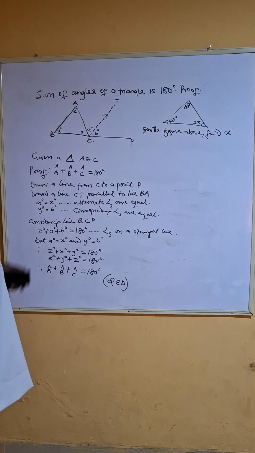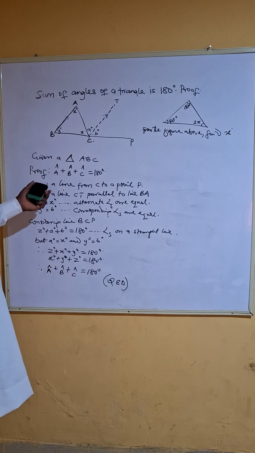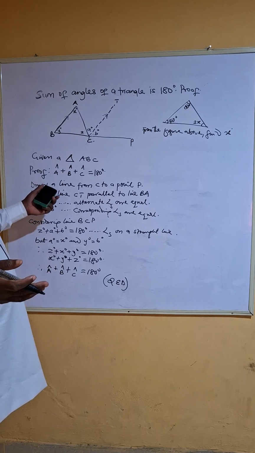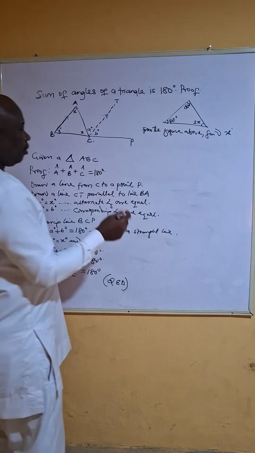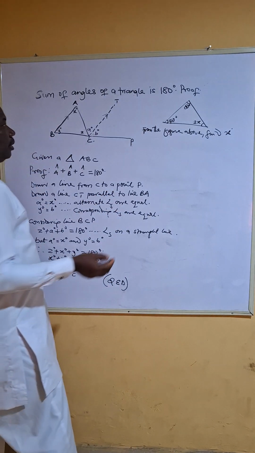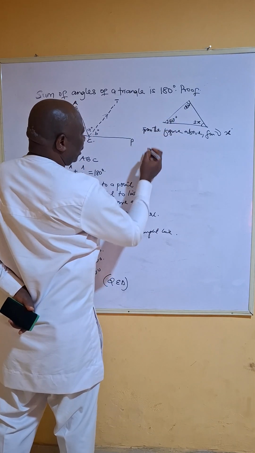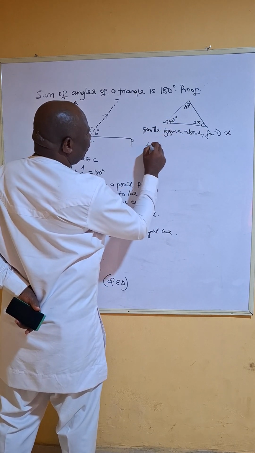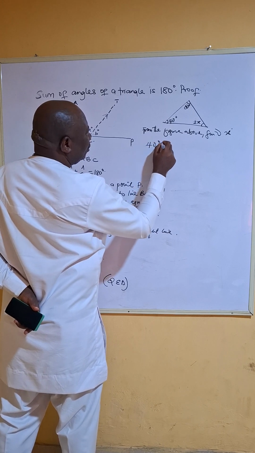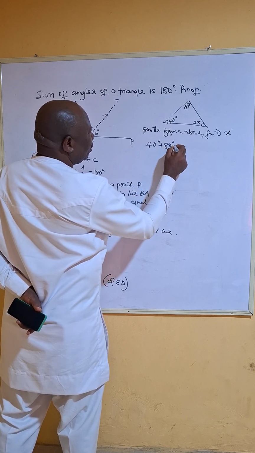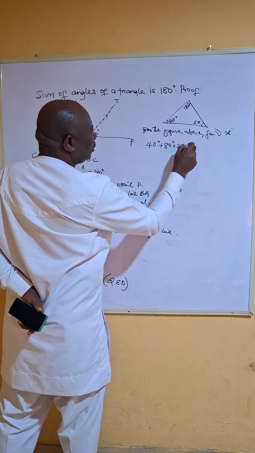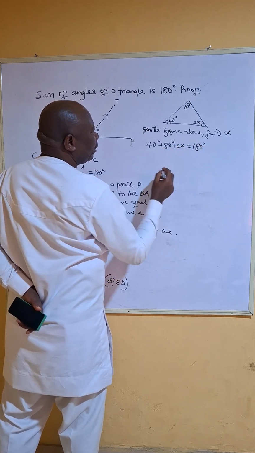It is generally known now that the sum of angles of a triangle is 180 degrees. Now let's sum the three together. We have 40 degrees plus 80 degrees plus 2x is equal to 180 degrees.